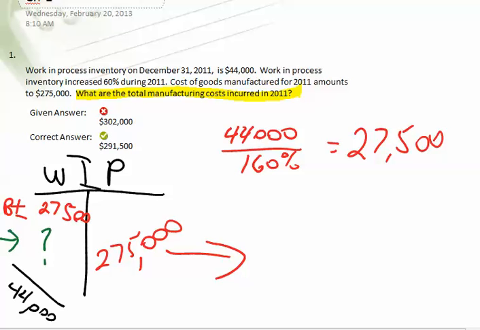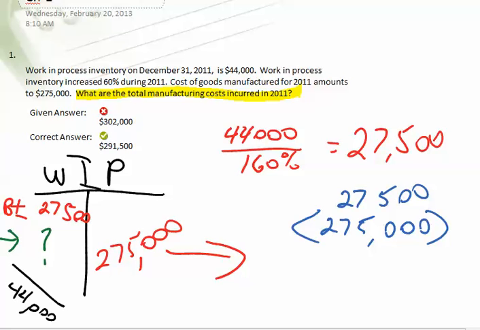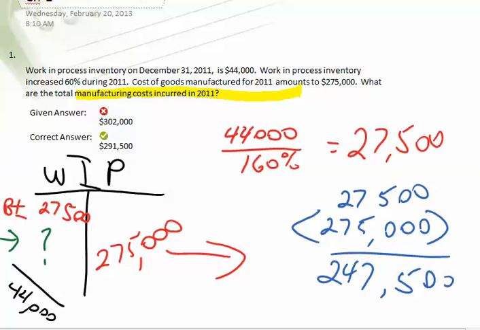We'll do that in blue. I'm going to say I had 27,500 in the beginning. I subtract 275,000, that's going out. So the difference then is a negative 247,500, but I have 44,000 remaining.